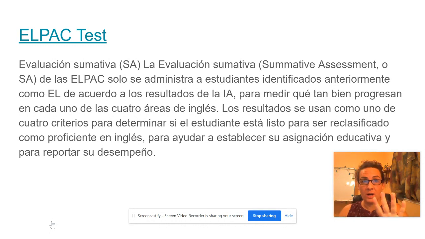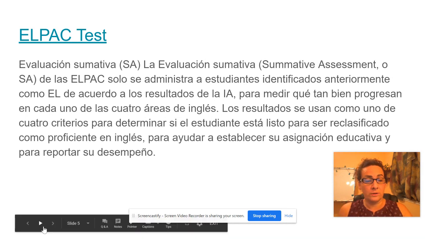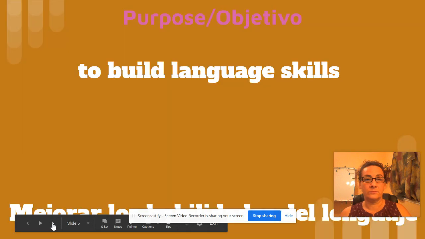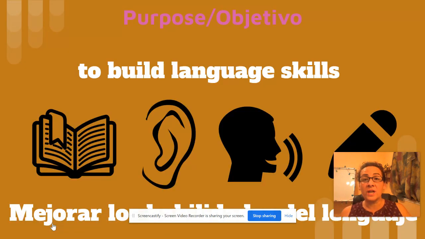ELD 4 means they're at the very end of understanding the English language enough to be able to pass the test. And the test is given at the end of the school year. And the objective for ELD 4 is to build their language skills in reading, listening, speaking, and writing.